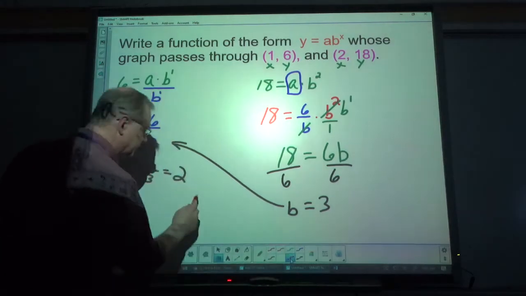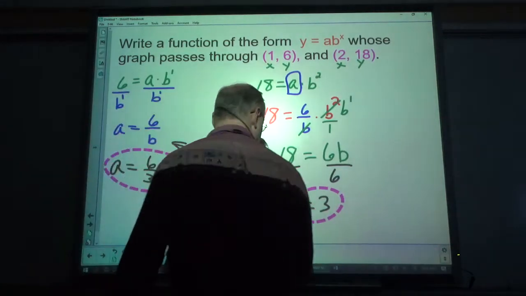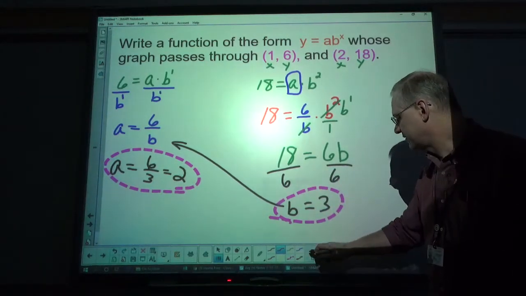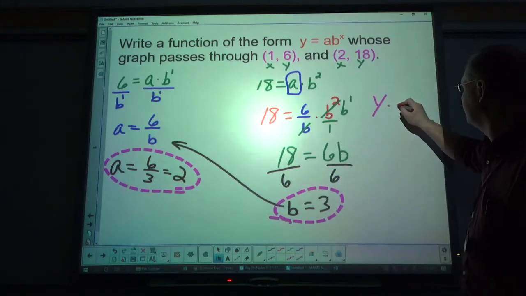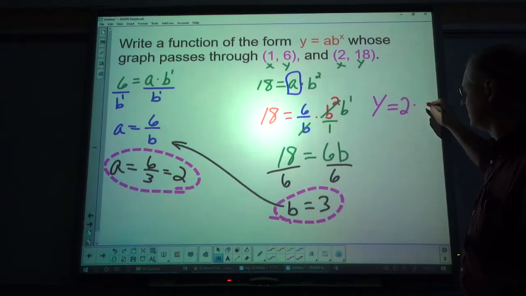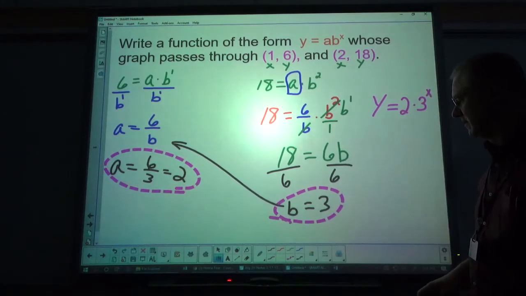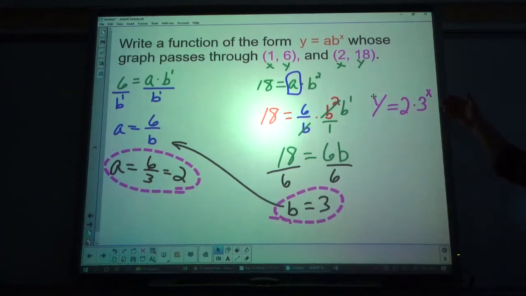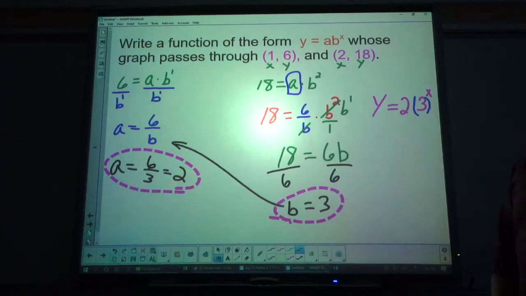Now I have 2 answers, a and b, and I'm going to take those and write the equation. Y equals a, 2, times b, 3 to the x. There is your equation. Y equals 2 times 3 to the x. If it helps, put that in parentheses so that it makes it obvious what the b is.